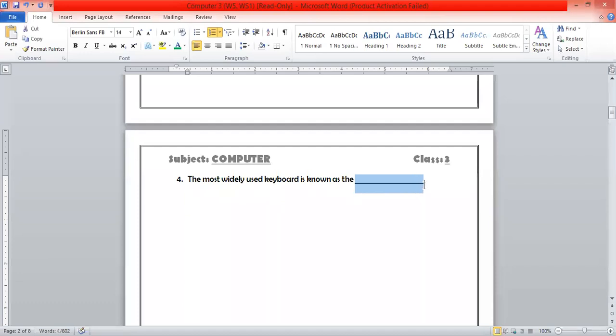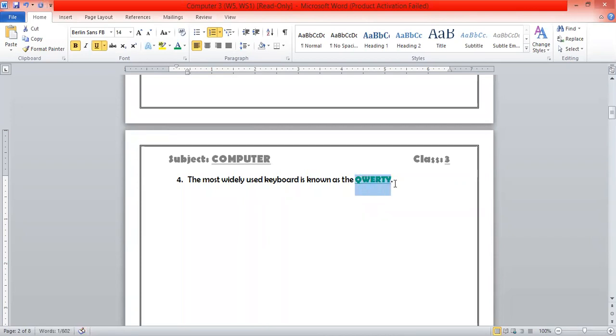And the spelling for this word is QWERTY. It's a QWERTY keyboard. Normally, we type that word in capital form, in caps lock.